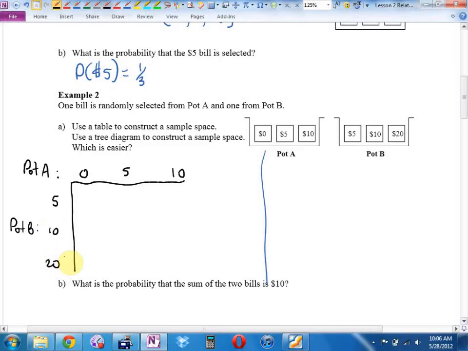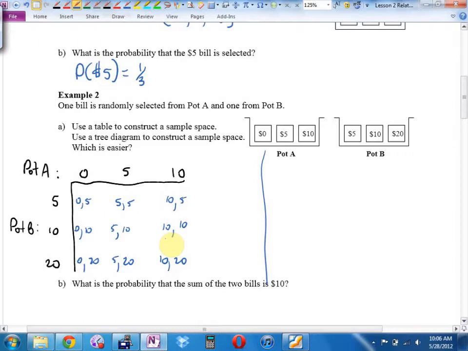And I'm just going to pair them up, A and B. 0, 5, 5, 5, 10, 5. 0, 10, 5, 10, 10, 10. 0, 20, 5, 20, 10, 20.